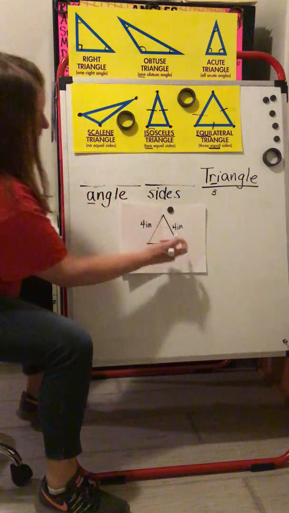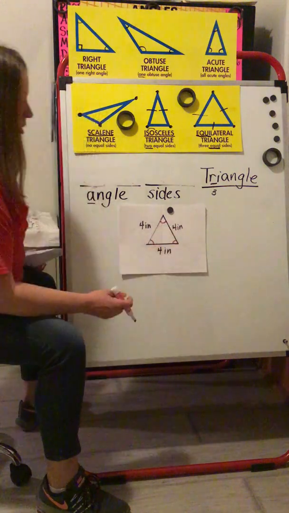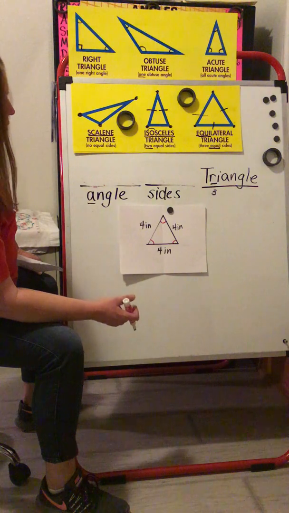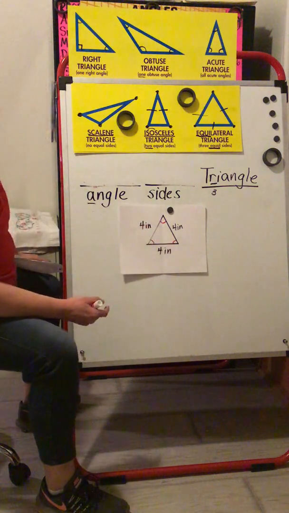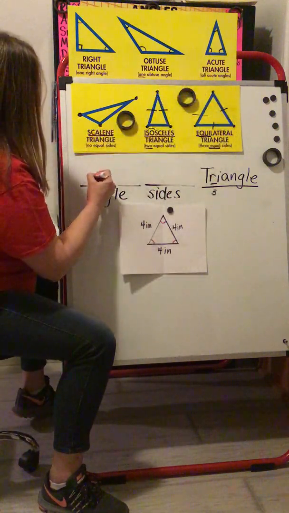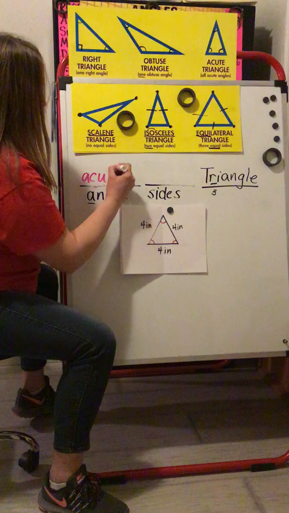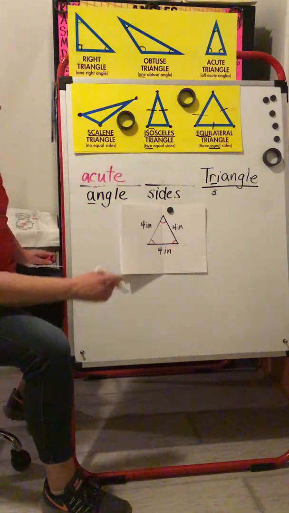That doesn't look like a right angle. This one doesn't either. None of these look like a right angle, and they're smaller, so they're not obtuse either. All 3 of these are acute angles. So if I have all acute angles, I'm going to call this shape an acute angle triangle.